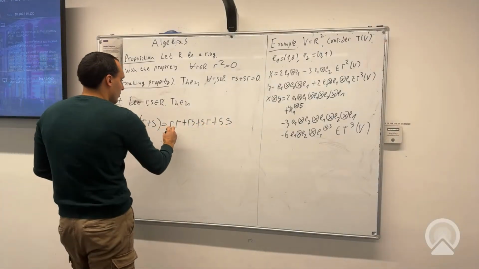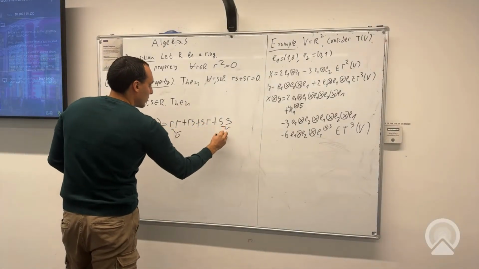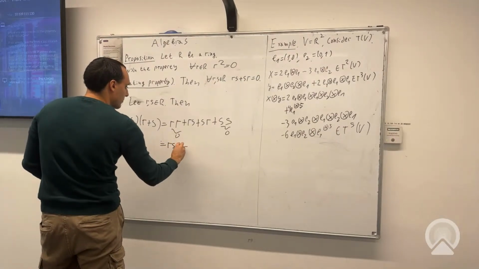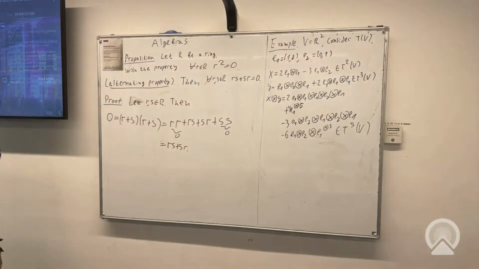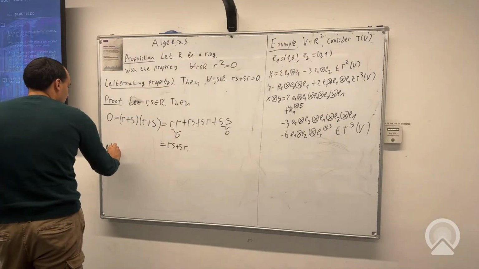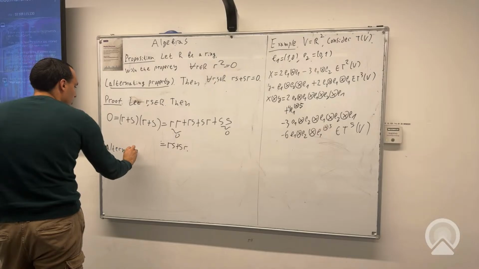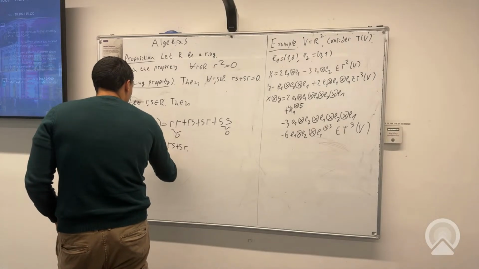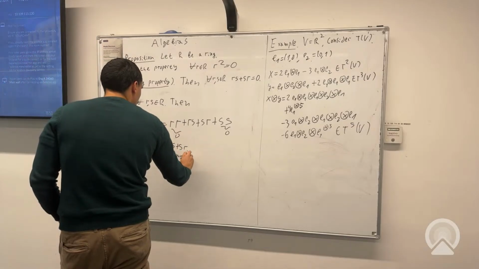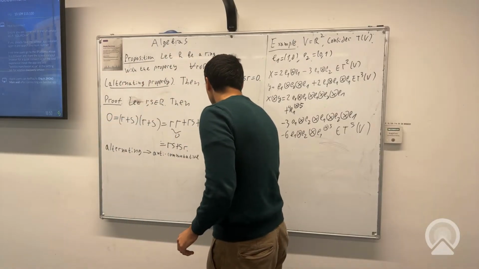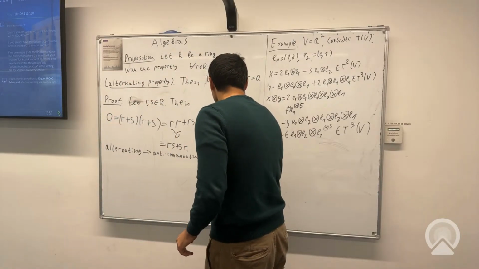So the whole thing is RS plus SR, and this is what we wanted to prove. So alternating means anti-commutative, because we change sign: SR equals minus RS.